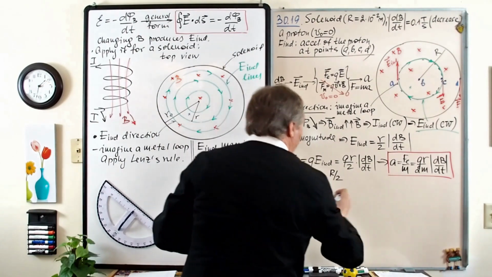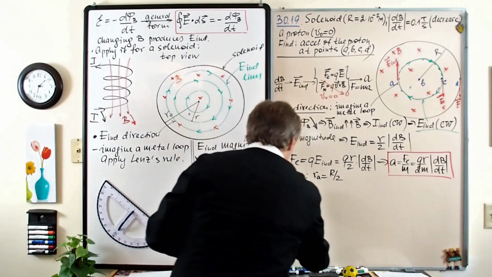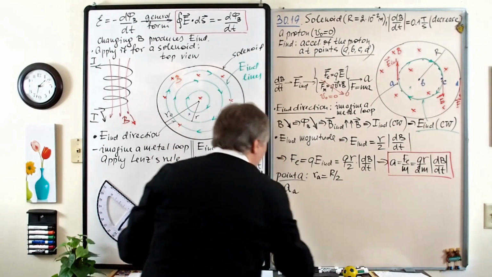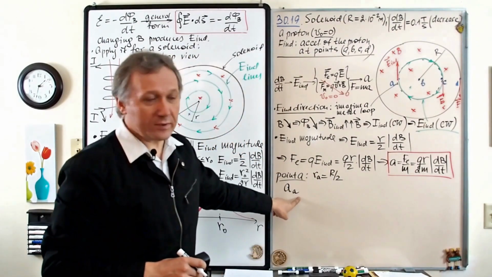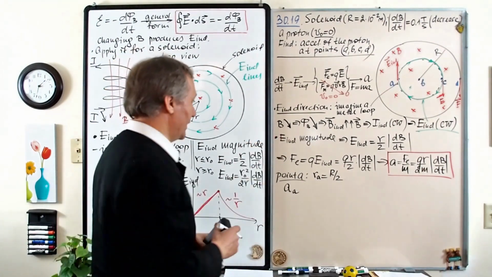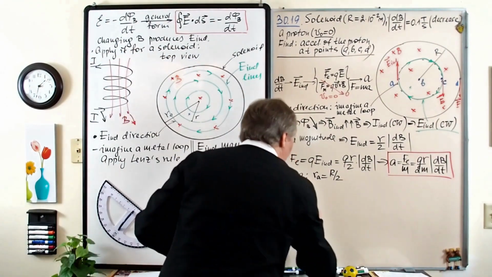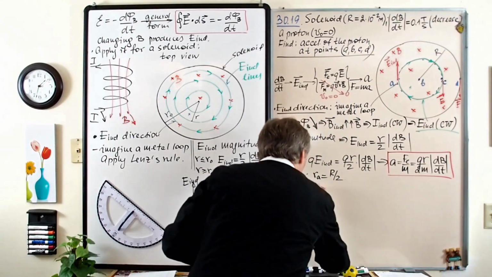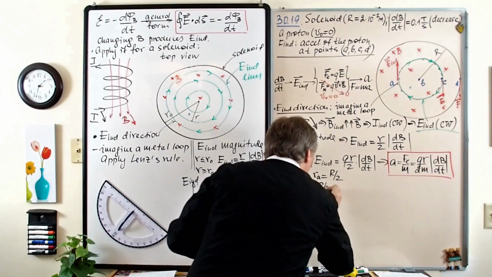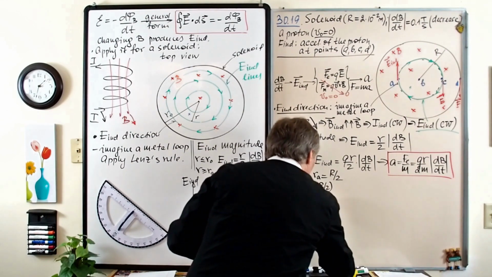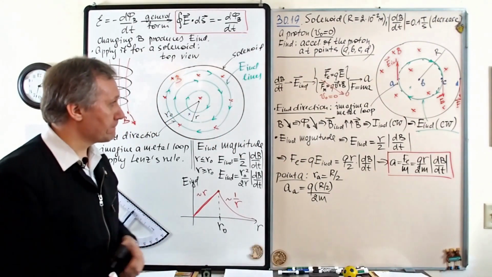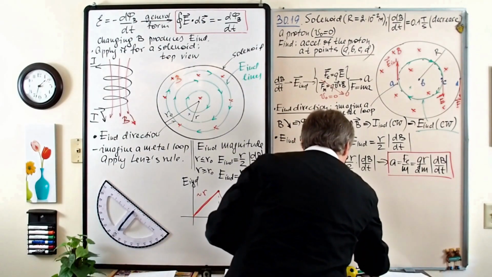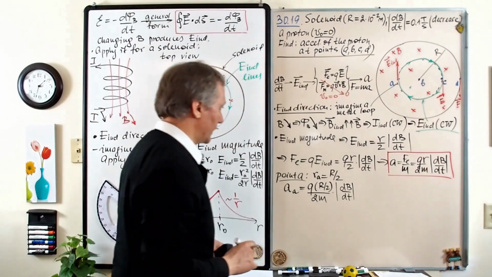As a result, maybe I will write underneath, the acceleration at point A. Looks silly, but that's what we ended up with. So Q, R over 2 divided by 2m, and the rate of change of the magnetic field dB over dt.